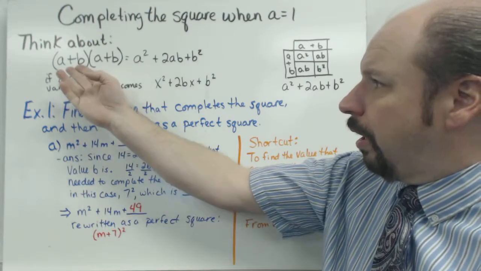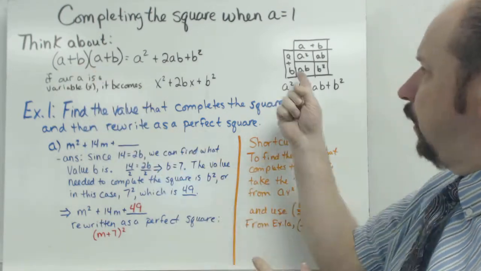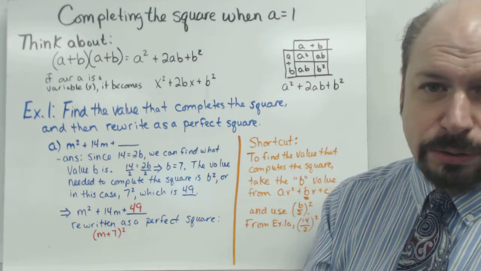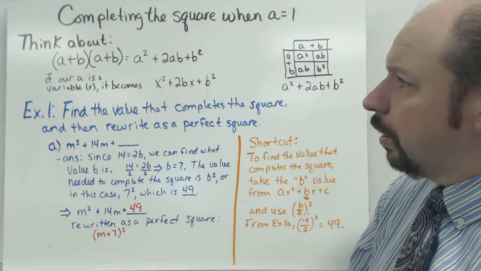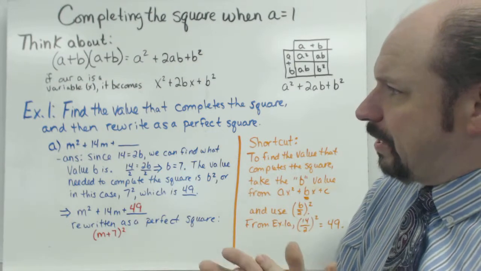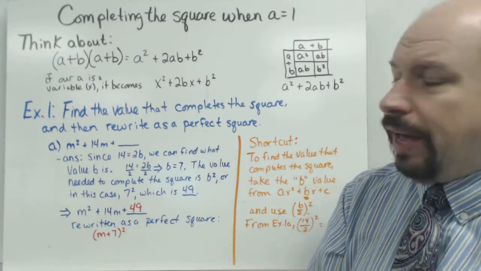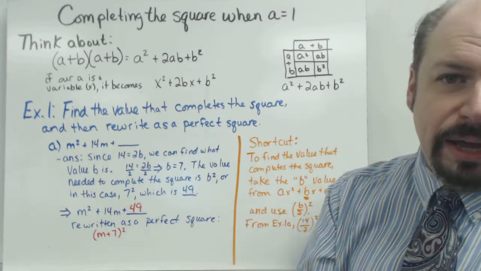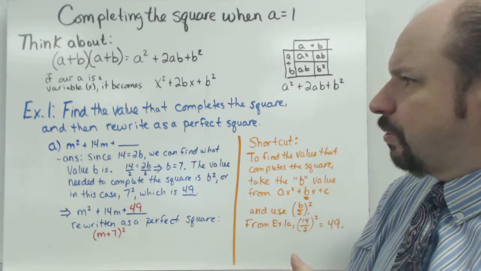And if you remember multiplying that out, we have a squared plus 2ab plus b squared. Well, if our a is a variable, just say x, it just becomes x squared plus 2bx plus b squared.